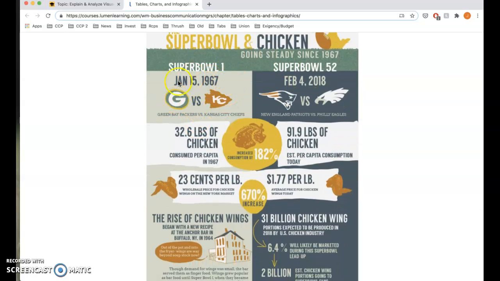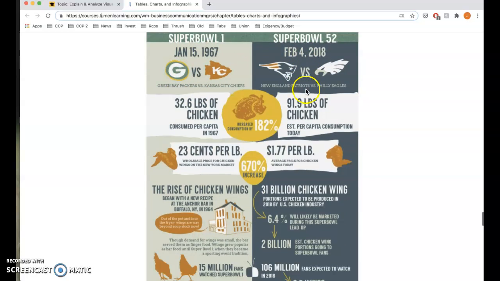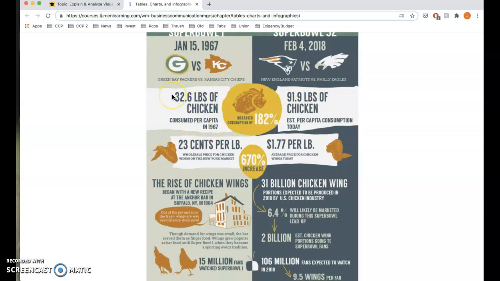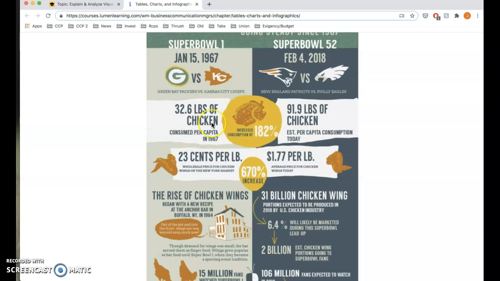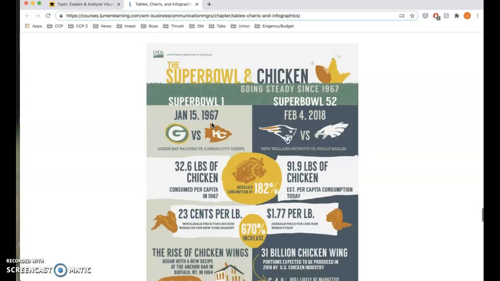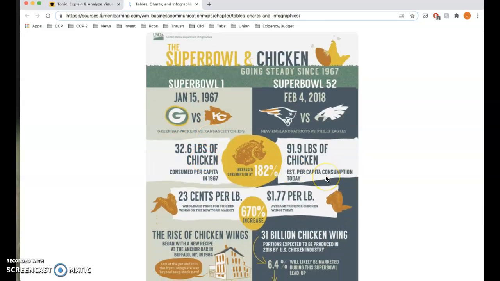So this is telling me who played in each Super Bowl. This is telling me how much chicken was consumed per capita, per person: 32 pounds of chicken in 1967, and 91 pounds today.